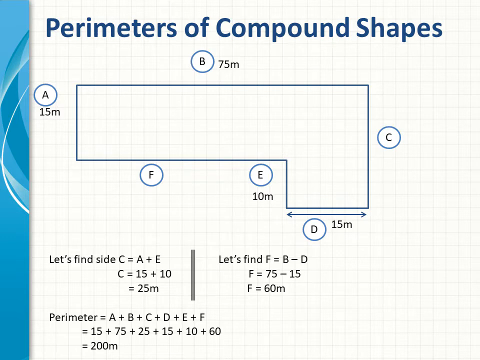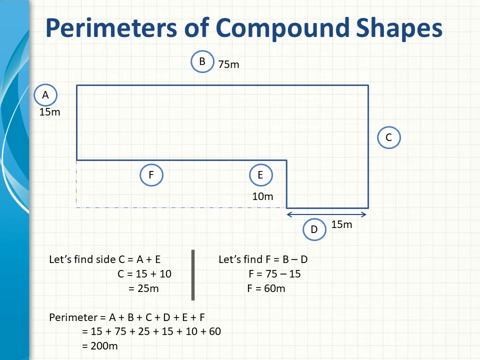Now, what do we do when we have a shape like this? The first thing we do is we try to close up the shape to make it a full rectangle. How do we do that? Close it up from where line D ends, and join it to where line A begins, just like this.